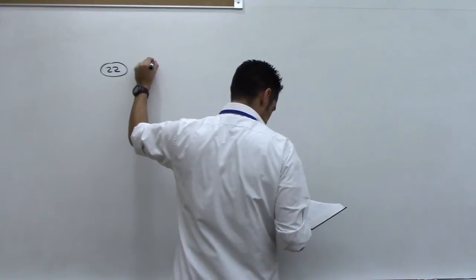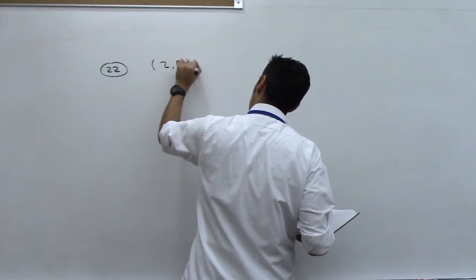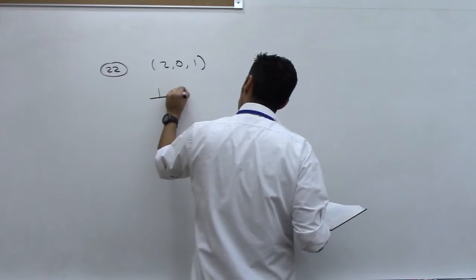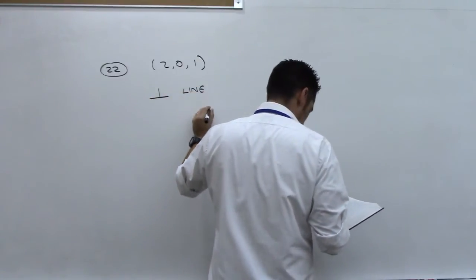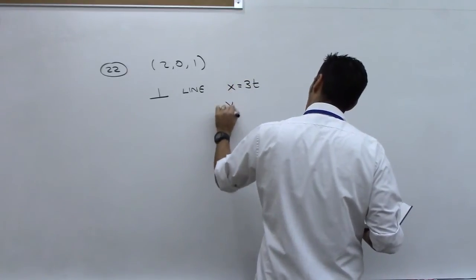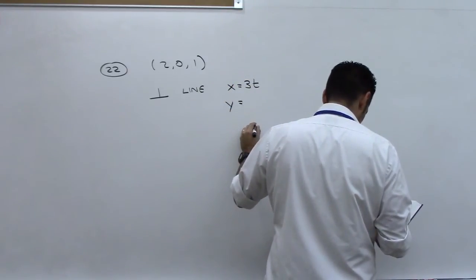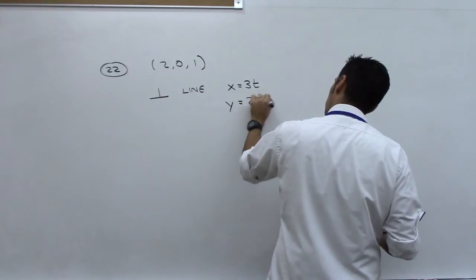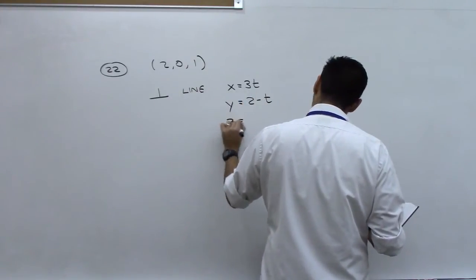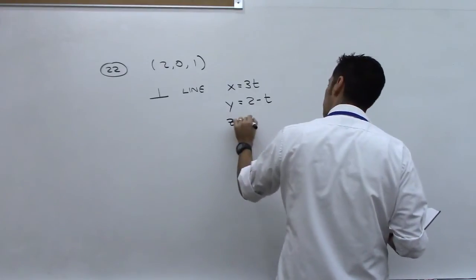They give you a point 2, 0, 1, and they tell you that it is perpendicular to the line x equals 3t, y equals 2 minus t, and z equals 3 plus 4t.